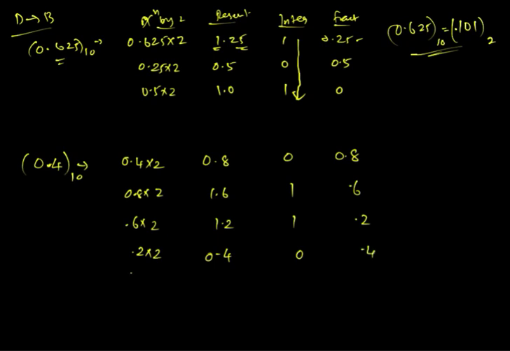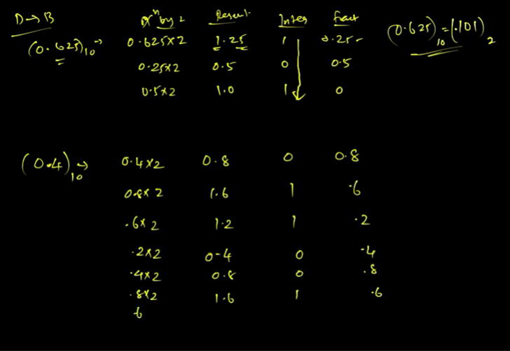Multiply this 0.4 again by 2, we get 0.8, the integer part is 0 and the fractional part is 0.8. Now again multiply the fractional part by 2, we get 1.6, the integer part is 1 and the fractional part is 0.6.